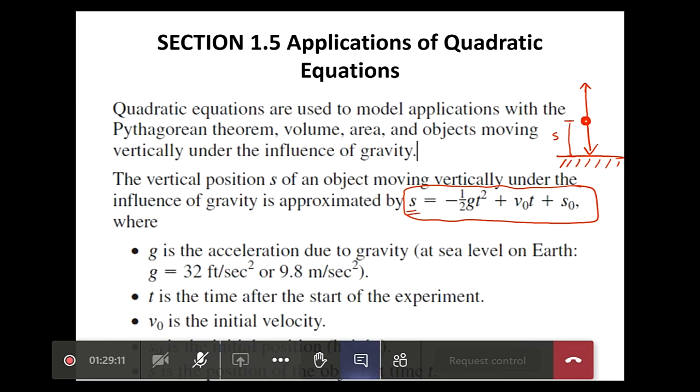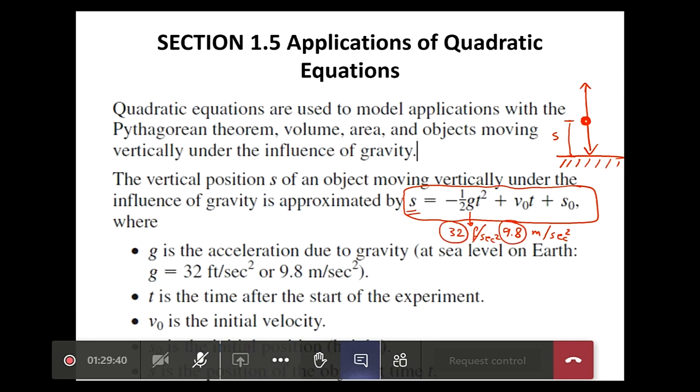How can we compute the s? This is equal minus half multiplied by g. g, this is equal 32 feet, or 9.8 meter, like this, per second square. This is in the meter, this is in the feet.